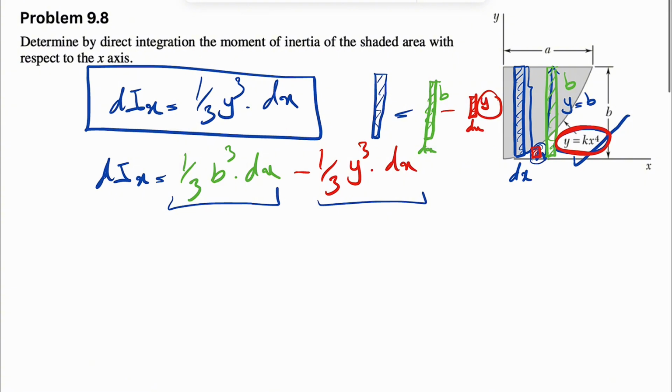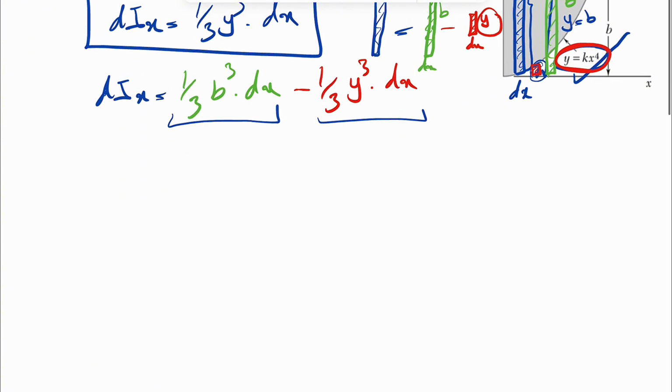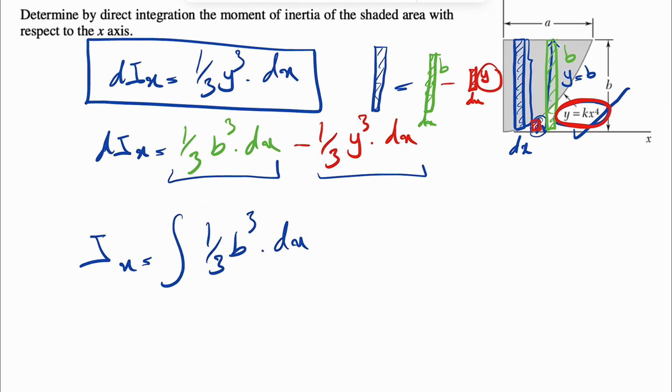The rest of this is just finding this integral. So our Ix is equal to the integral of 1/3 of b cubed dx, with x going from 0 to a, minus 1/3 of y, which is k x to the 4.